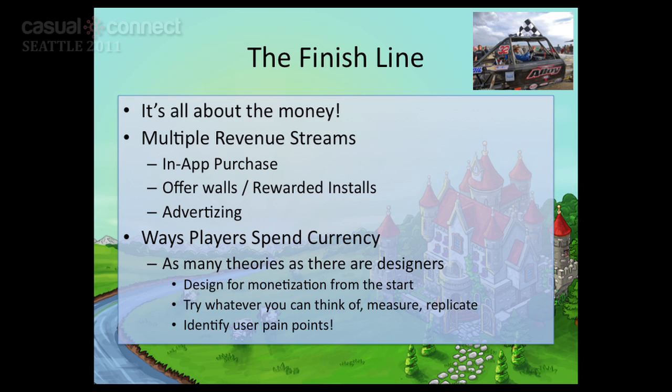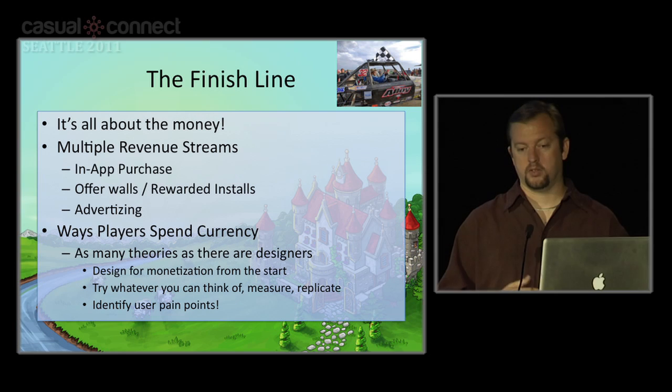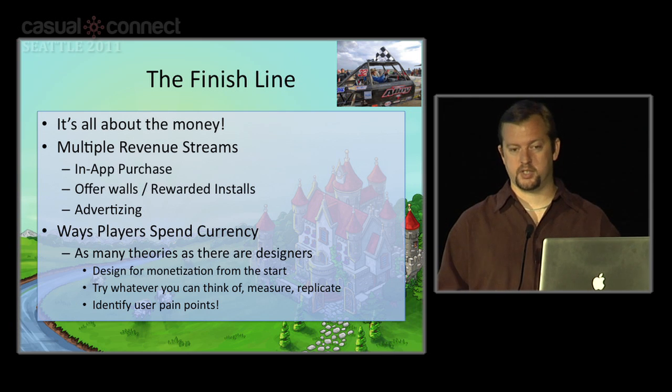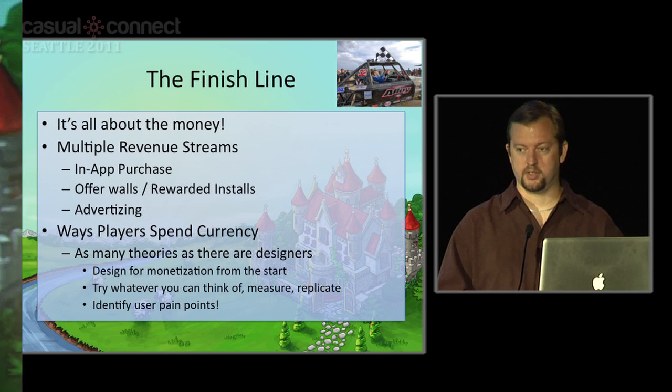But all of these things bring you down to the finish line of what we're trying to achieve here, and of course it's all about the money. One of the things we figured out very quickly is you've got to have multiple revenue streams. Our first launch only had in-app purchase. We quickly added offer walls with incentivized installs, and that was a substantial jump in revenue.